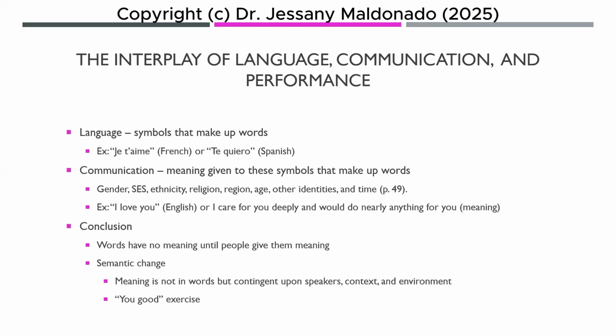And that will communicate concern. Versus "you good," which is more direct. That will communicate the end of a conversation. Versus "you good, that's okay." So there are many ways to say one phrase and have it carry different meanings.